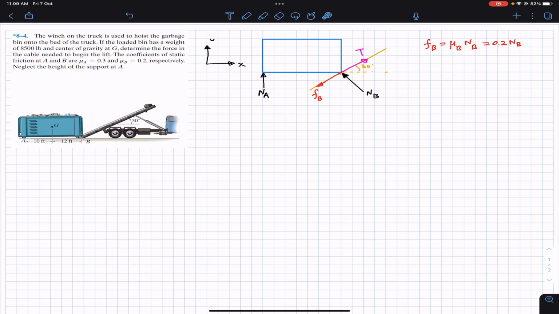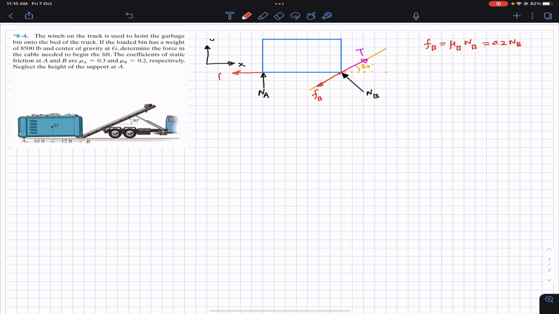Similarly, here, since this garbage bin will move towards the right, and this point A is along the horizontal surface, point A will move towards the right. So the external force on this point A is acting towards the right. In order to oppose this, the friction force at A will act in the opposite direction, towards the left.